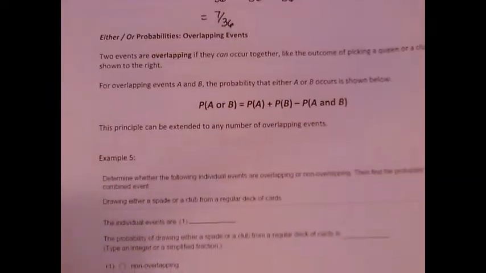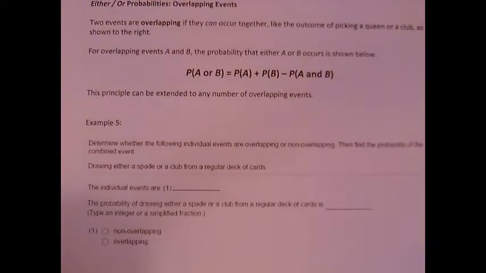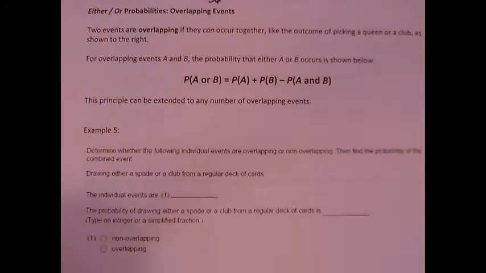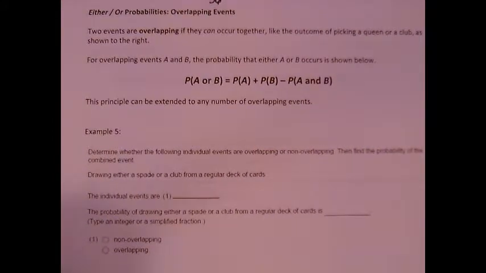Okay, let's say we had overlapping events here. Your either-or probabilities could have overlapping events. That means one could be common in both A and B. Here, 2 events are overlapping if they can occur together, like the outcome of picking a queen and or club, as shown. Well, I'll do an example just like this one.